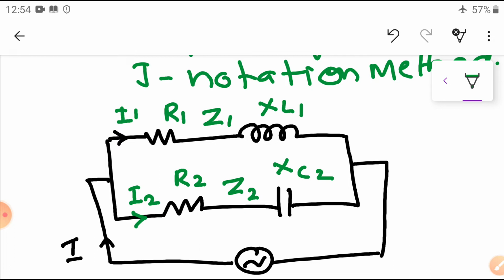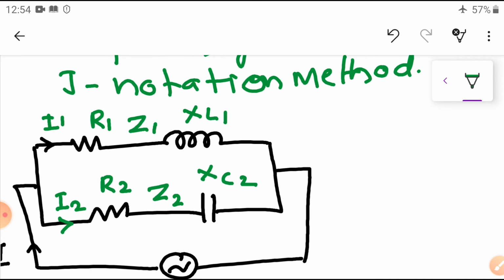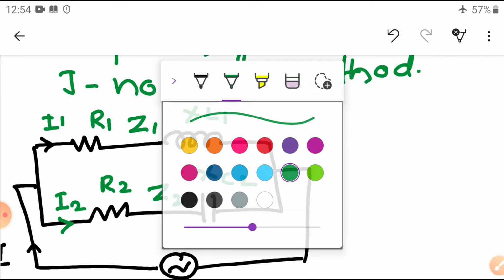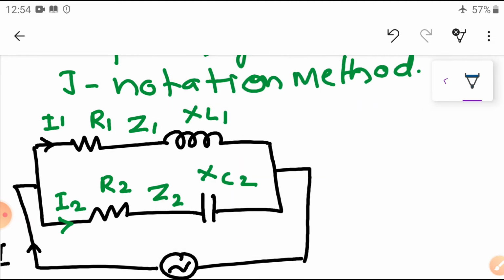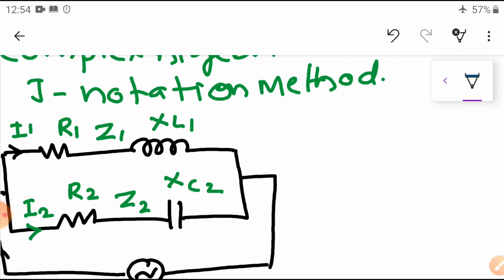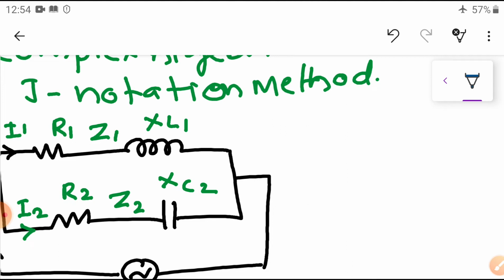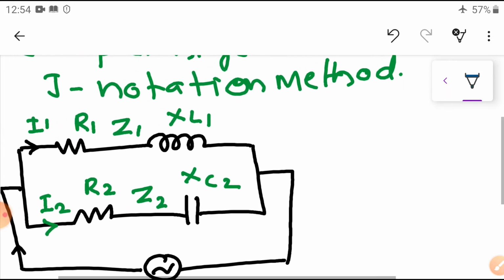Okay, so in the J notation method, what are the steps? Please listen carefully. First step, you find the voltage notation. You take the voltage as a reference, that is V at an angle of 0 degrees.